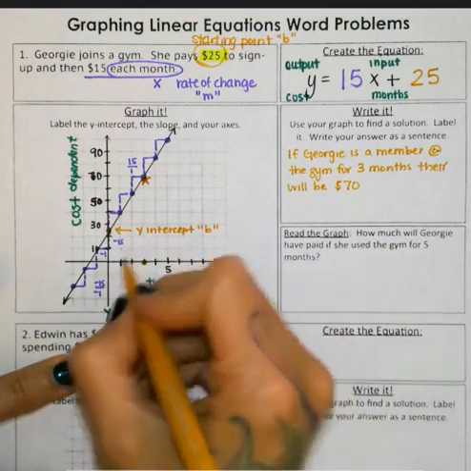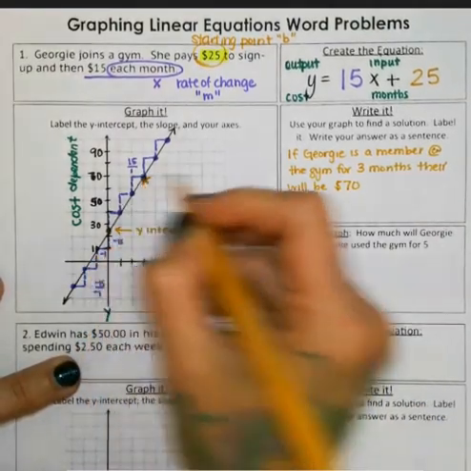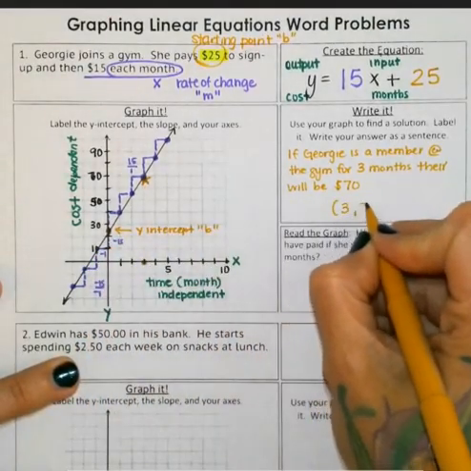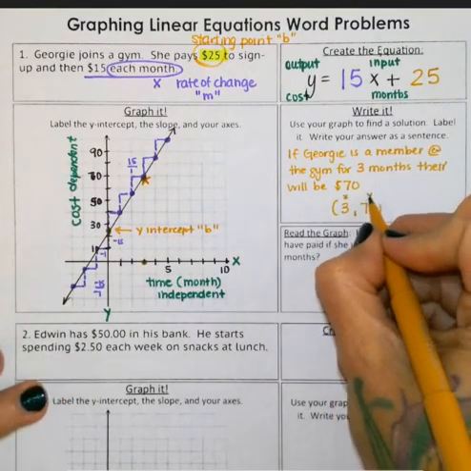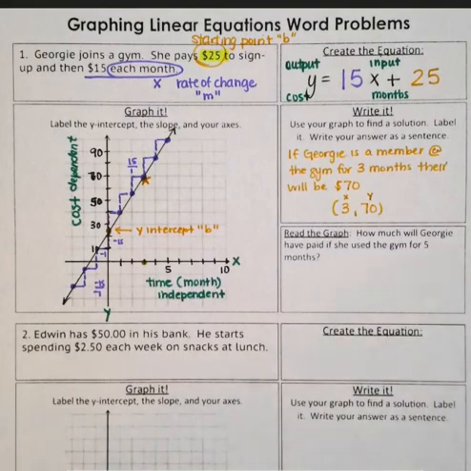Now, as a coordinate, that means I went over 3 and up 70. So x value 3, x months, 3 months, and our cost for y is 70.